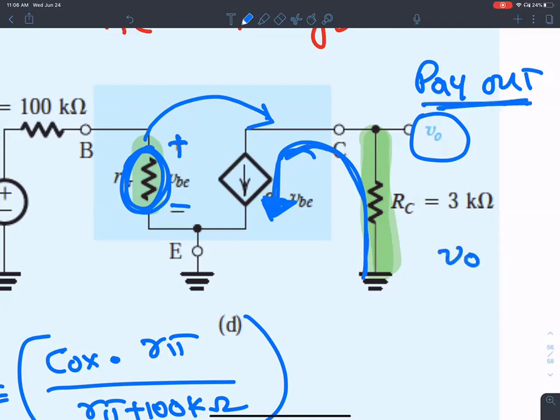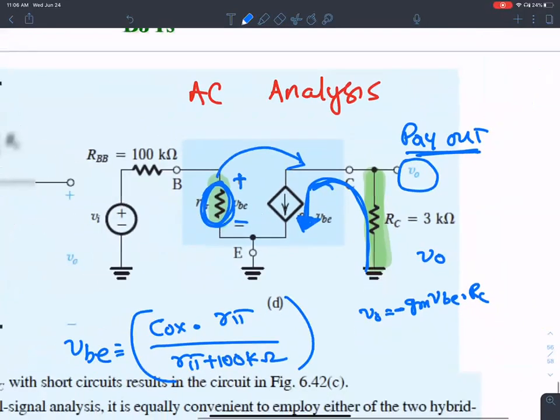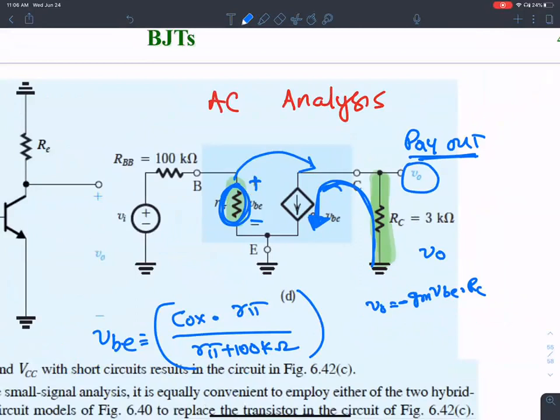That's why it shows up as V out. V output is the current GMVBE times RC. If you pay attention to the direction carefully, it's going to be negative GMVBE times RC.